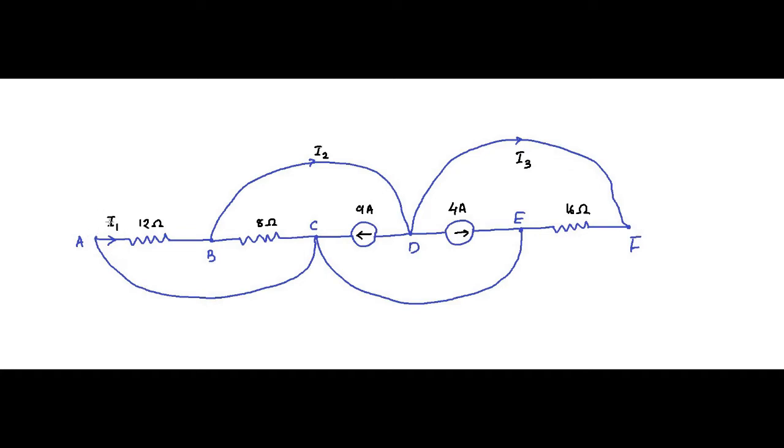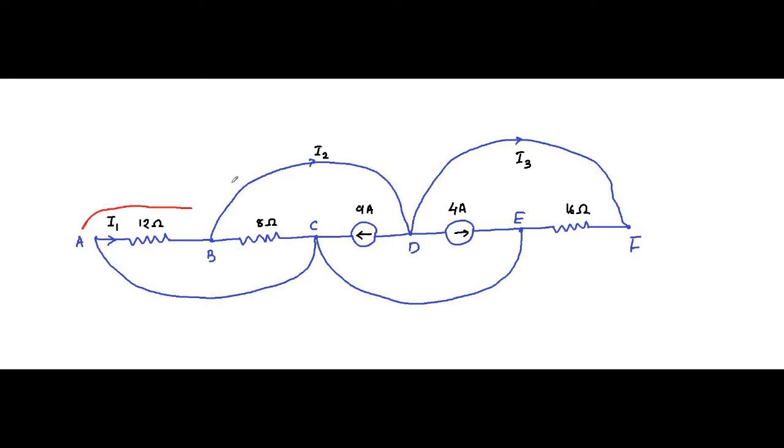KVL can be applied from any point to the same point, traversing any path such that it forms a closed loop, and no point should be traversed more than once. So the second KVL we are applying, we are starting at A.